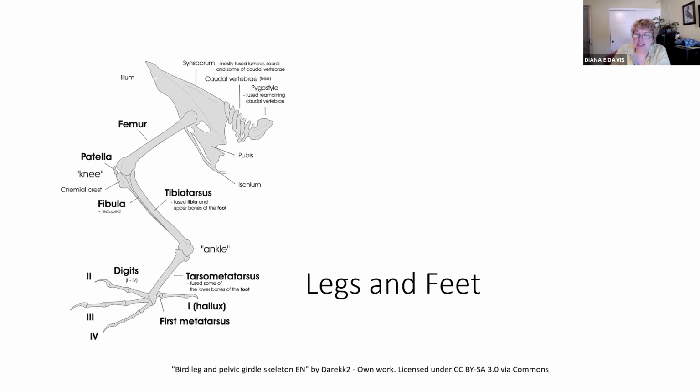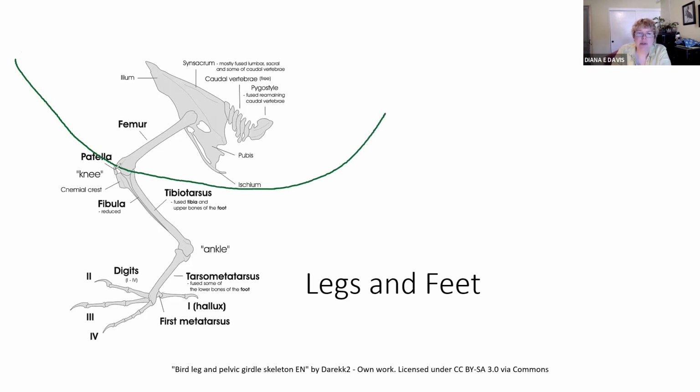Now you're probably looking at this and thinking, that's not what I see on a feathered bird. Well, you're right, because on birds, the feathers and the body kind of come down here.